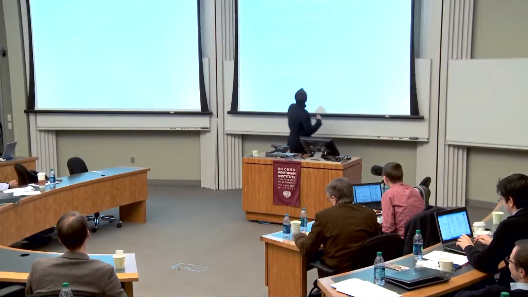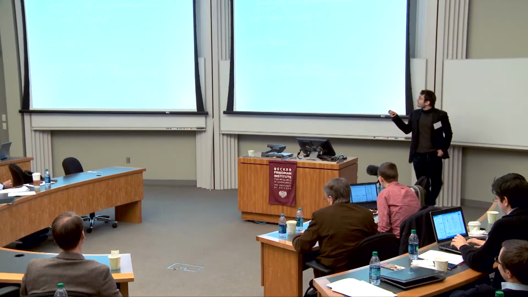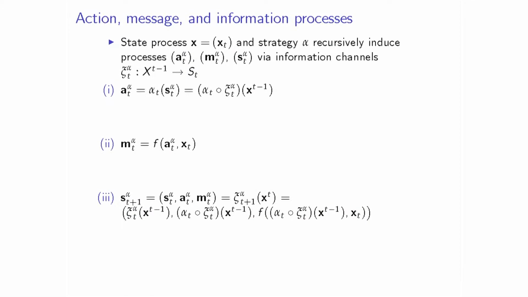So, the state process X, given the dynamic structure I just described, the feedback function, and the strategy as a sequence of functions that map information states to actions, delivers a trivariate stochastic process, or just a collection of three stochastic processes: the action process, A alpha t, the message process, M alpha t, and the information process, S alpha t.